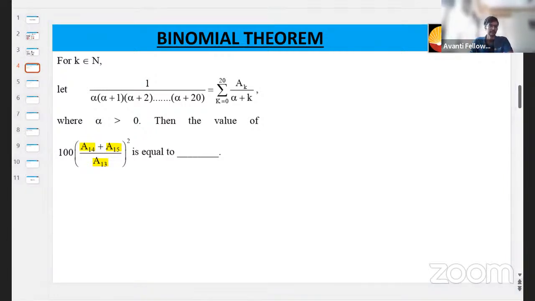So A14 means K की जगह पे 14. Correct? So A14.